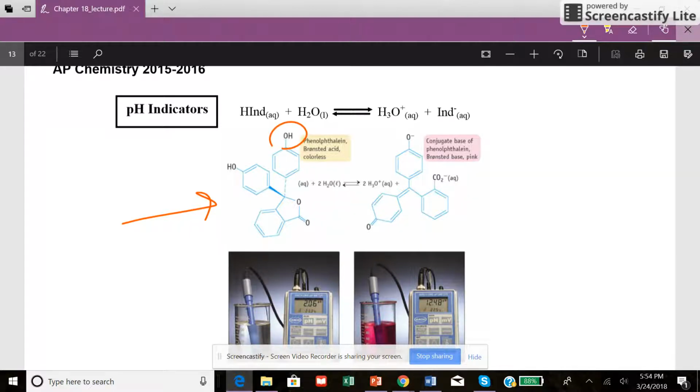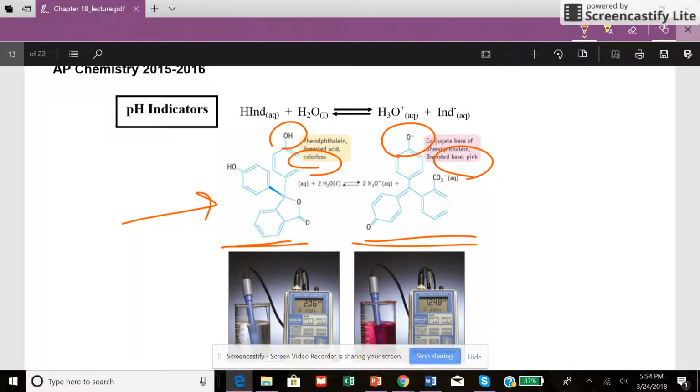Once you take out the hydrogen in basic solution, the structure shifts a little bit from this structure to this structure. This is why it changes from colorless to pink.